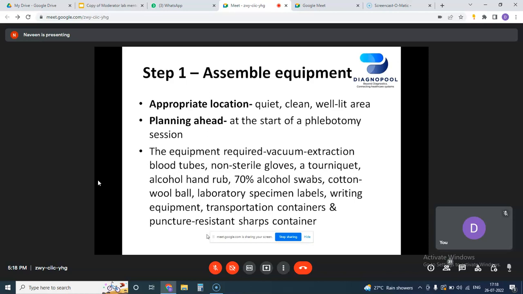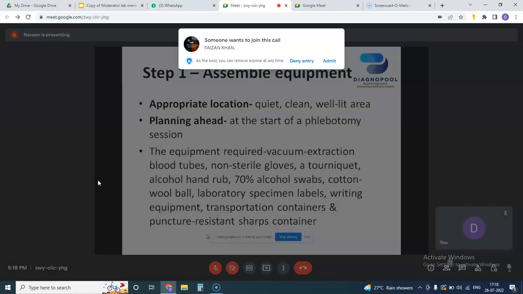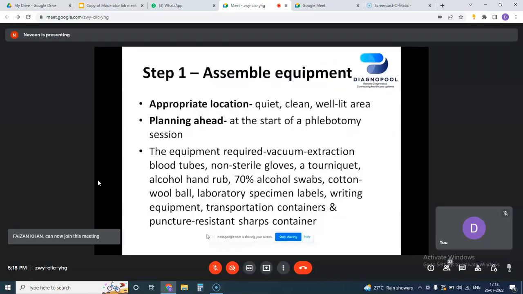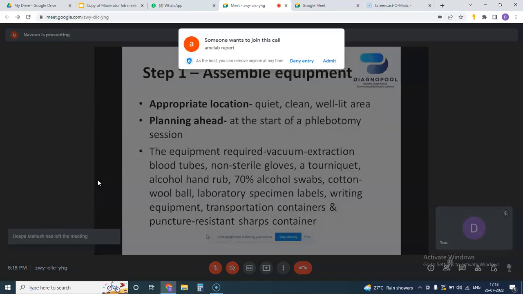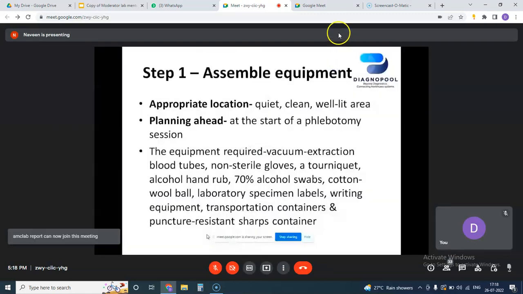Then tourniquet, alcohol rub, alcohol swabs, cotton balls, labels, writing equipment, transportation containers, and a puncture-resistant sharps container. So always remember, sharps should be discarded in puncture-resistant containers.